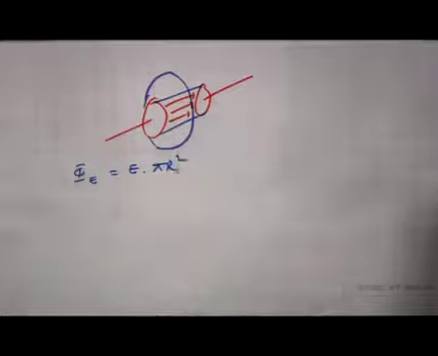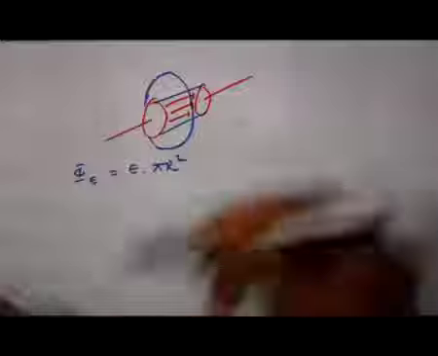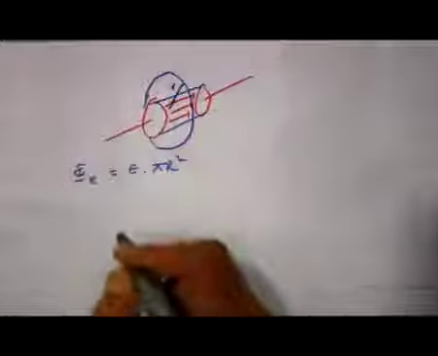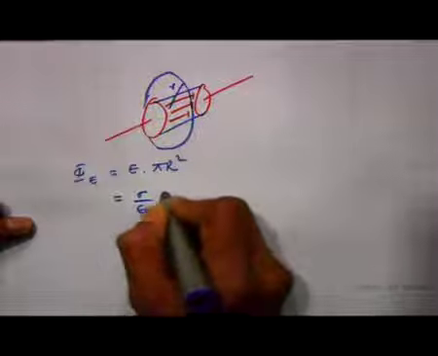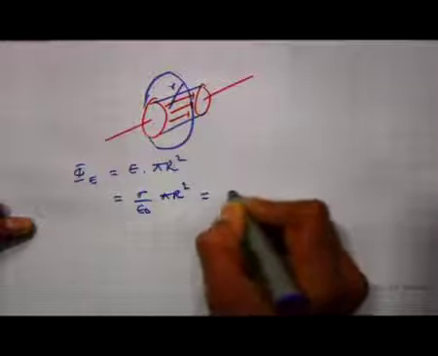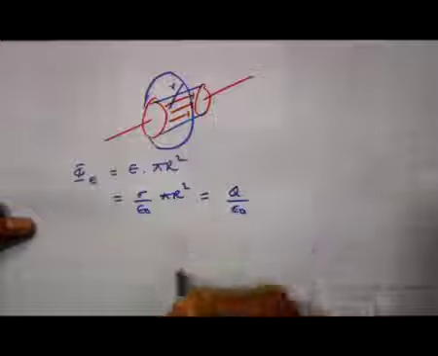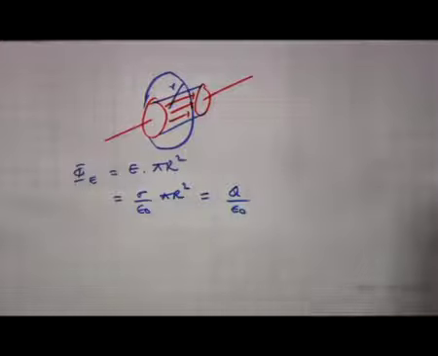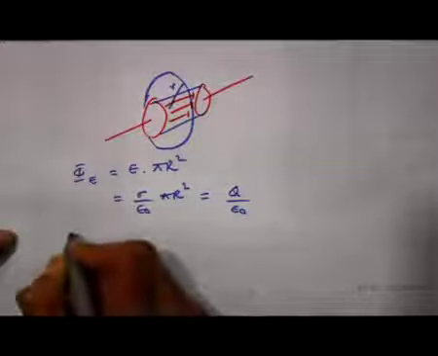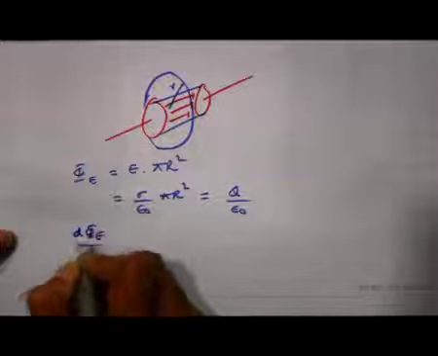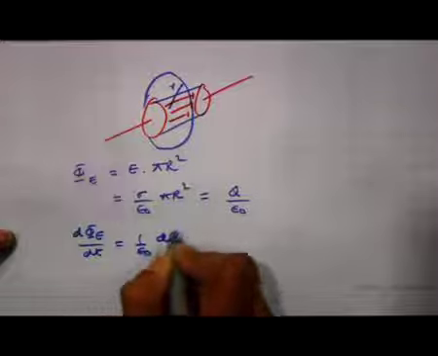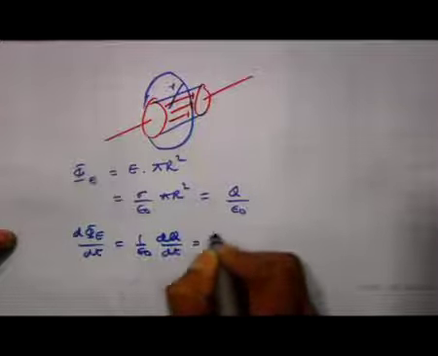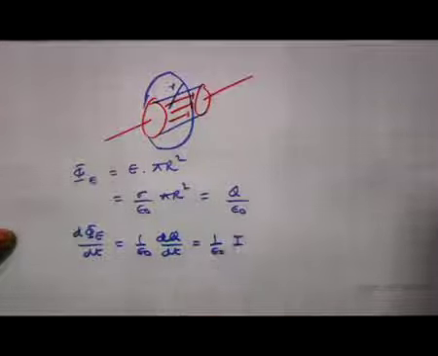Although this radius is small r, there is only flux up to capital R. So, this is equal to sigma by epsilon 0 pi R square, which is equal to q by epsilon 0, because pi R square is the area of the plates, sigma is the charge density, and so d phi e by dt is 1 by epsilon 0 dq by dt, which is 1 by epsilon 0 I.